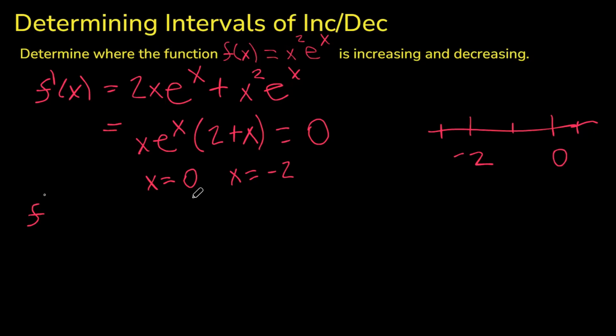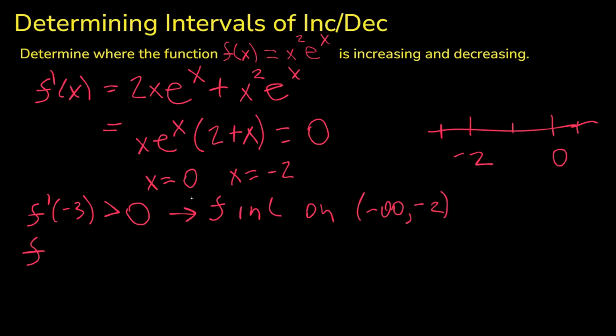So if I pick any number before -2, like -3, and test it in the first derivative, you would get a positive value. That means that f is increasing on the interval -infinity to -2. If I pick a value between -2 and 0, like -1, and test it in the first derivative, it's going to be negative.